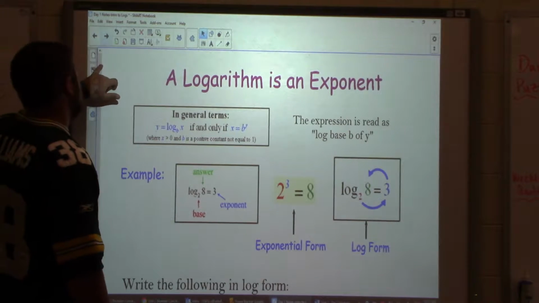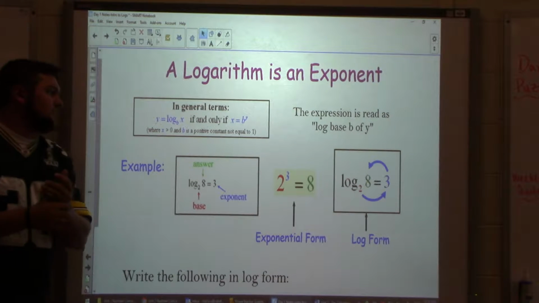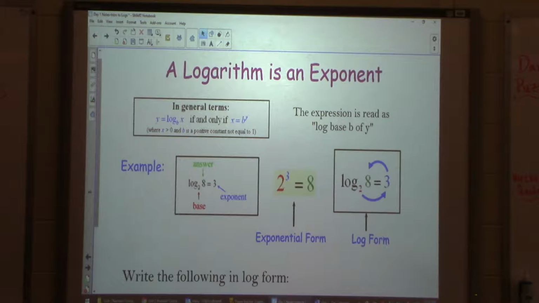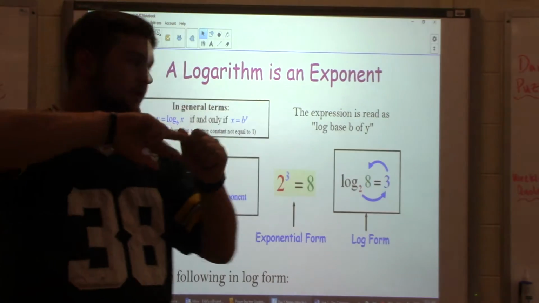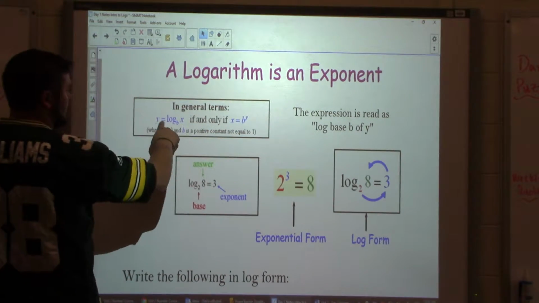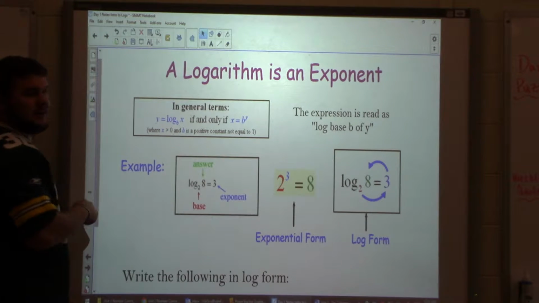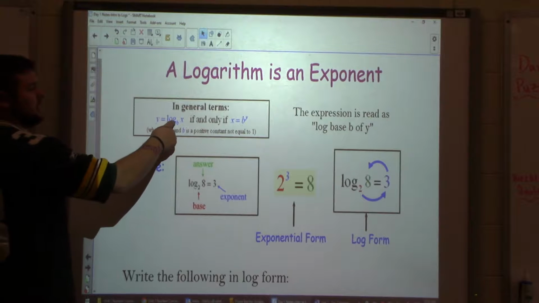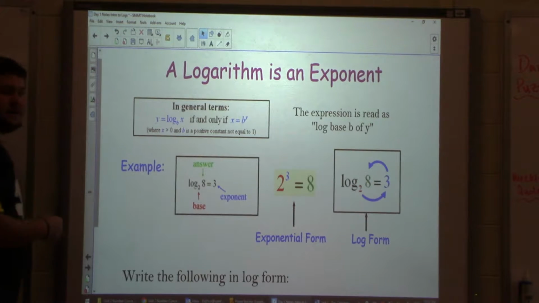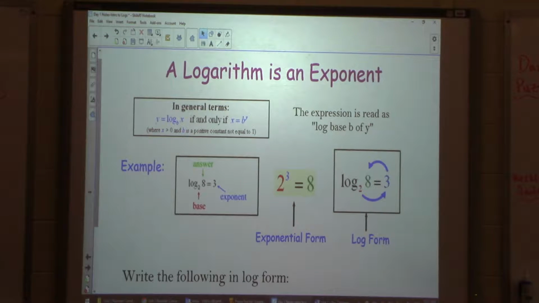How do we use it? Well, like I said, a logarithm is an exponent. On your paper you can see you have 2 different forms. There's log form and there's exponential form. Log form: y equals log base b of x. Right? That's how we say that. Make sure you're understanding how you say that. Log base b of x. That's your log form.